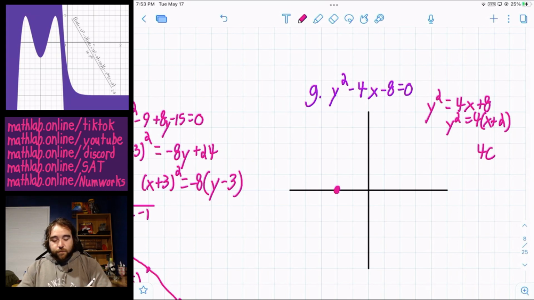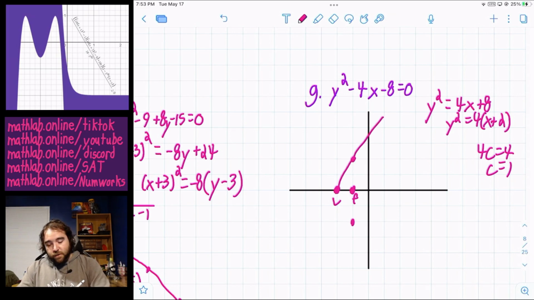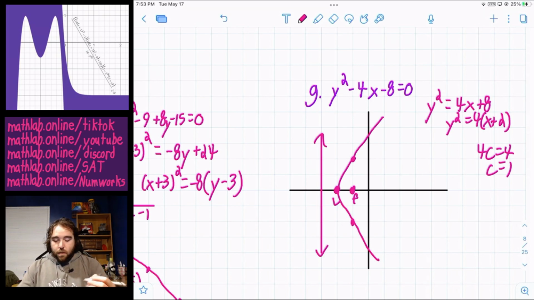The 4c is 4, so c is 1. It's opening sideways and positive. So there's our focus. Our latus rectum is 4. So there's our parabola. We have a directrix 1 the other way. That is x equals negative 3.